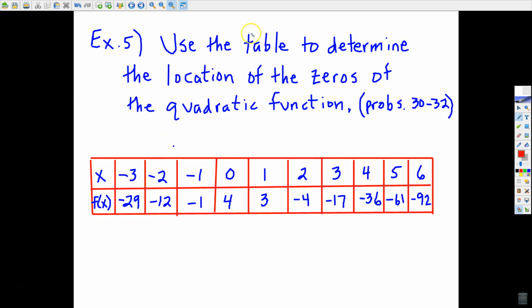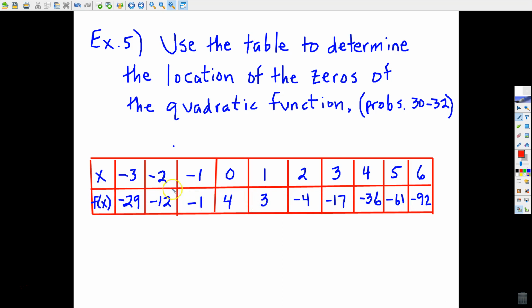And then finally, the last homework problem example, you're going to do this 3 times, problems 30 through 32. You're going to be given a table of values, much like this. Here are your x coordinates, your inputs. It's represented as f of x, which you can also think of as y. These are your outputs.